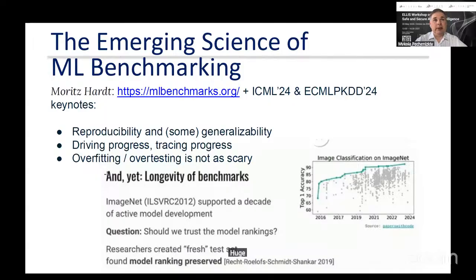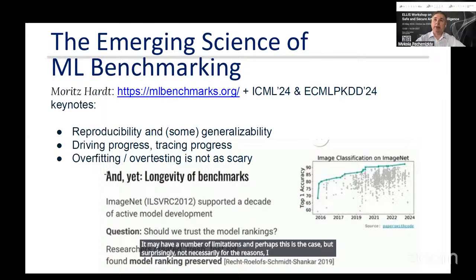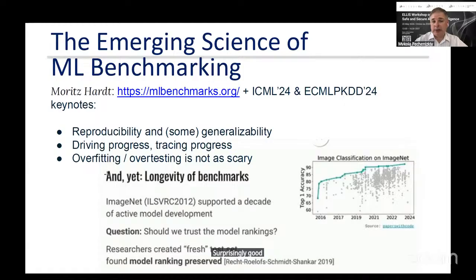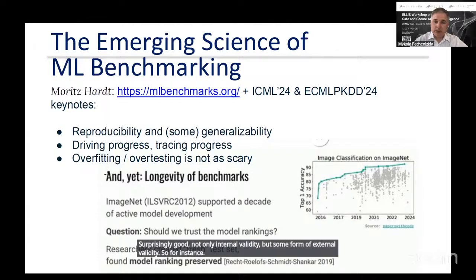We have, as scientists, lots of intuition why benchmarking may have a number of limitations, and perhaps this is the case, but surprisingly not necessarily for the reasons I think. So I really like his empirical analysis and analytical analysis that illustrates that benchmarking has surprisingly good not only internal validity, but some form of external validity. So for instance, if we rank the performance of a variety of algorithms on a data set and then we choose a comparable data set, that ranking is likely to be preserved pretty well.